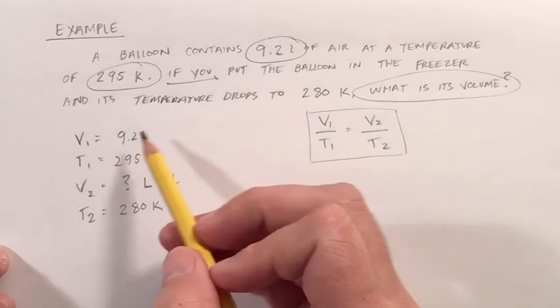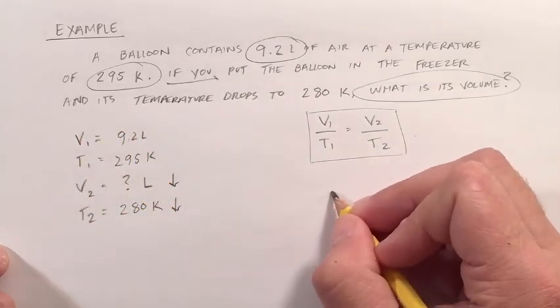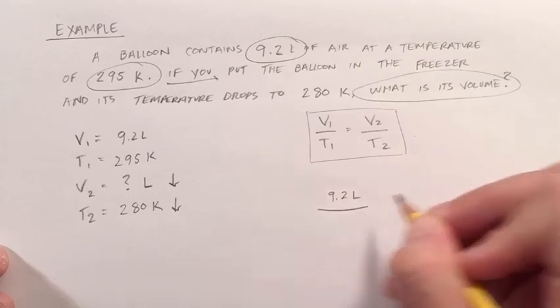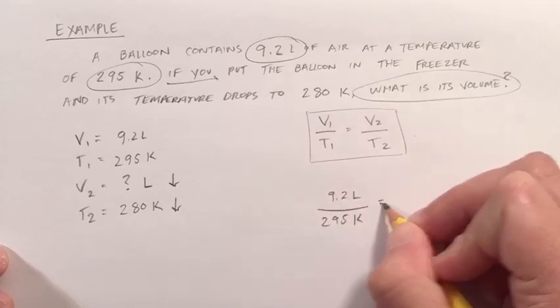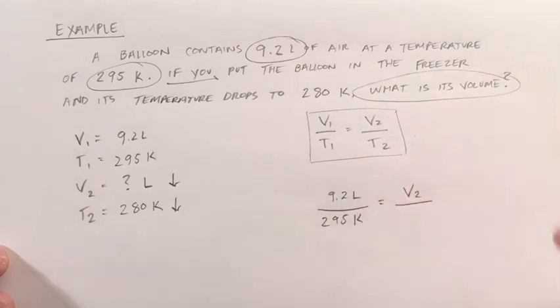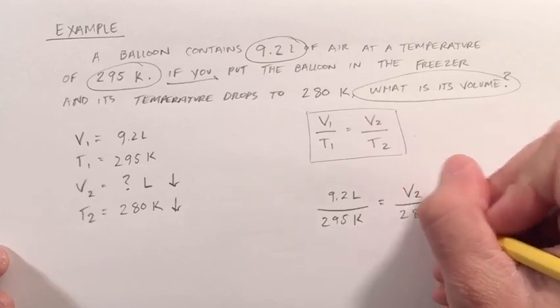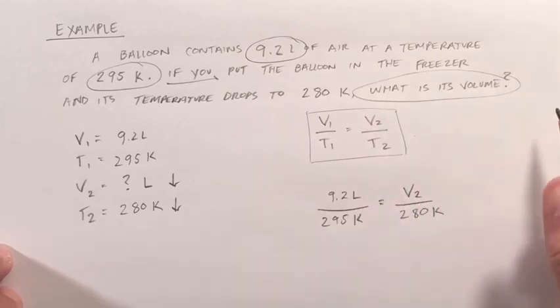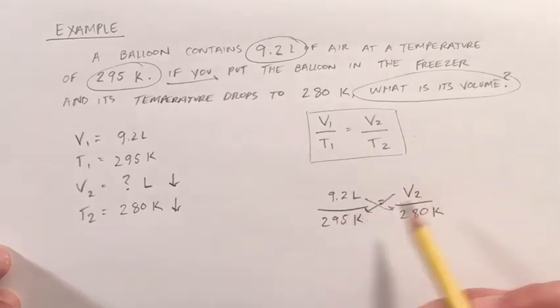Now we take what we know and we plug it into our equation. V1 is 9.2 liters divided by T1, 295 Kelvin. That is equal to, we don't know what V2 is yet, so we just put our variable in there, and our T2 is 280 Kelvin. Same as last time, we're going to cross multiply first.